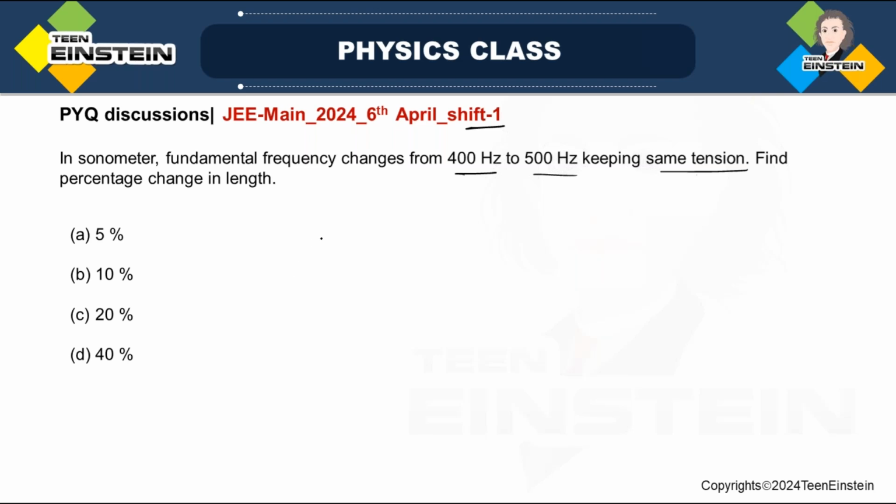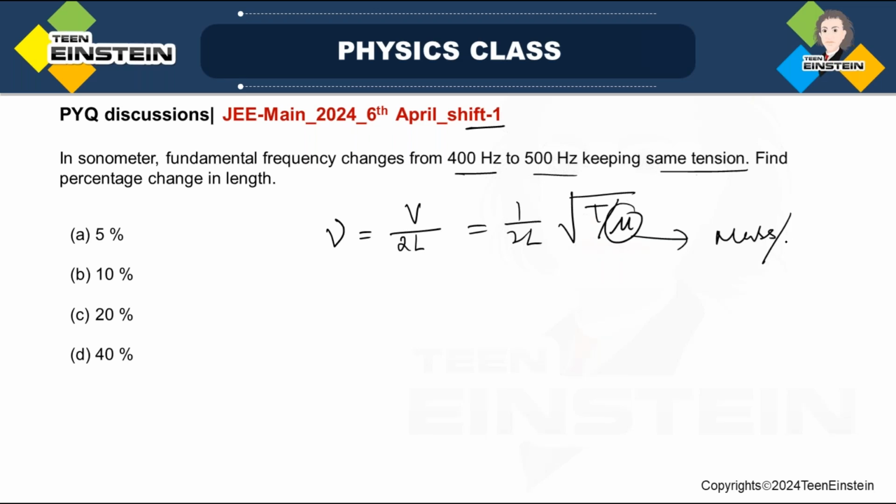We know the frequency nu is equal to V by 2L, and V is actually square root of T by mu, where mu is the mass per unit length.